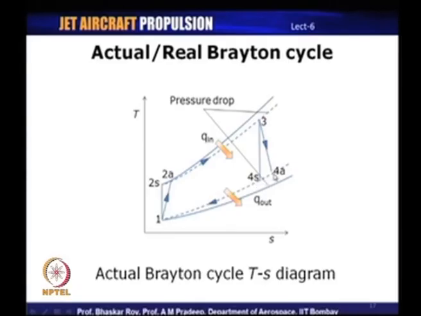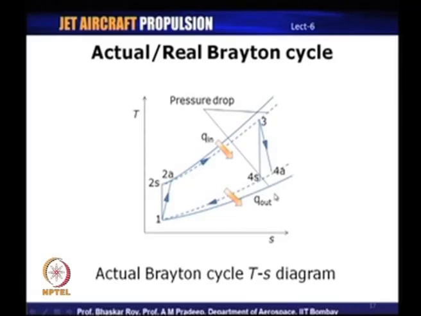There will be an increase in entropy during this expansion process as well. So, this would have been the ideal temperature at the end of this expansion process, given by 4s. The actual temperature is 4a. The last process is a heat rejection process, during which heat is rejected, and there is a pressure drop as well during this process.